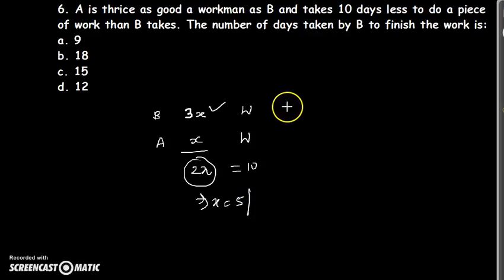So B takes 15 days, 3 into 5. Option C is the answer. You see, this is a very direct question, but we can assume the variables as 3x and x to minimize our calculations. That's the learning from this question.